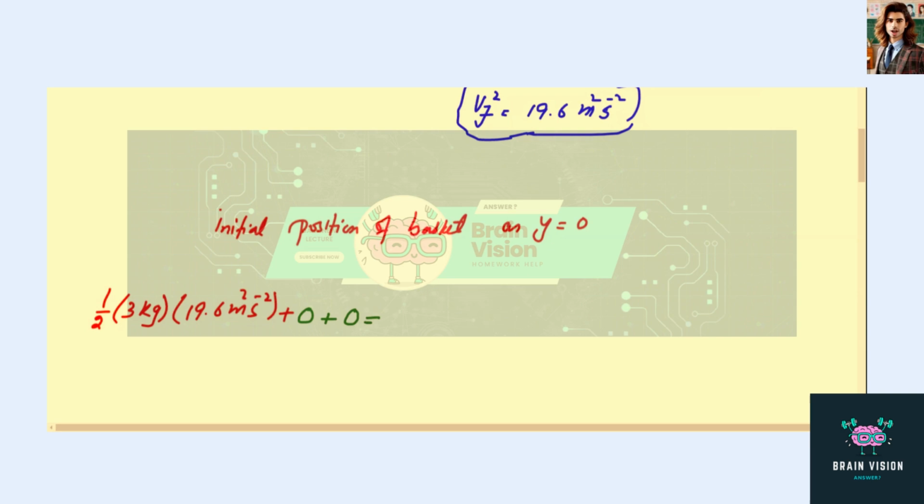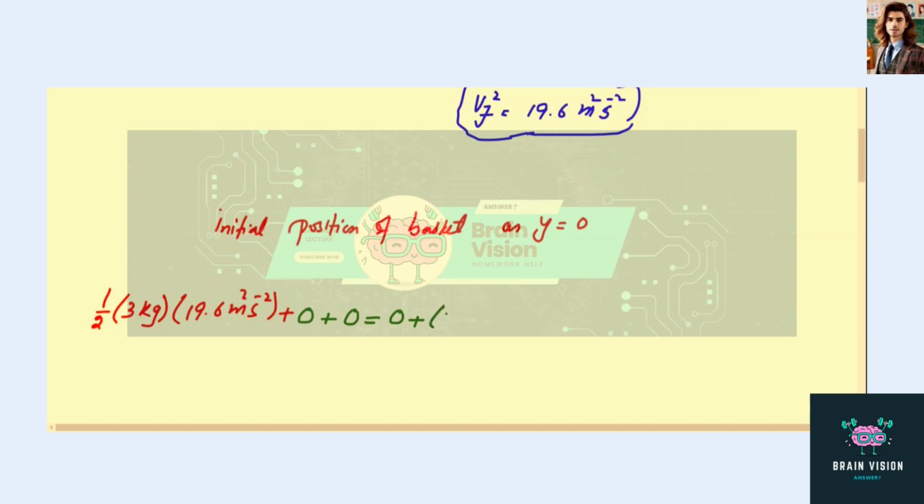This is equal to the final kinetic energy, which is also equal to 0 as at maximum extension the brick comes to rest, plus the final gravitational potential energy, which is equal to mgh.